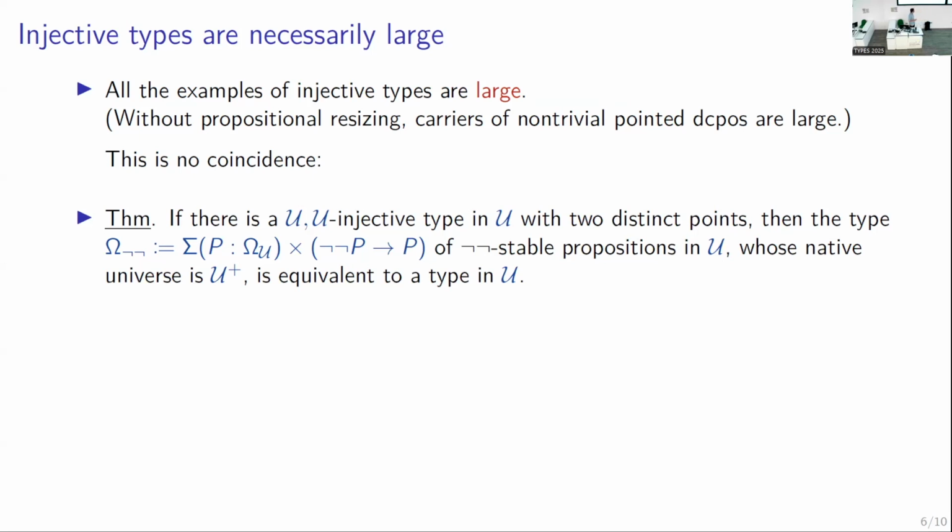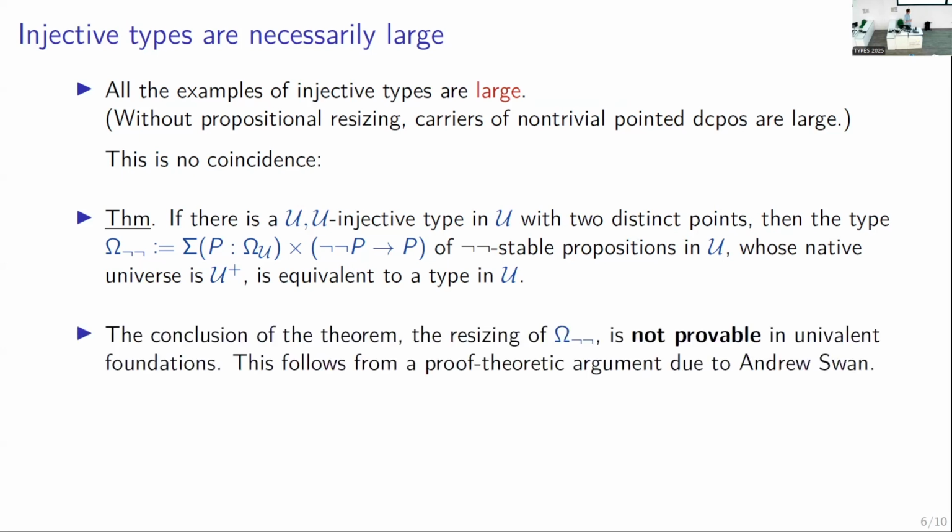So in some sense, if you want to have small injectives, you need to be impredicative, or at least you need to accept this principle. I should also mention that this resizing is not provable in univalent foundations. That follows from a proof theoretic observation due to Andrew Swan. So that's quite nice.